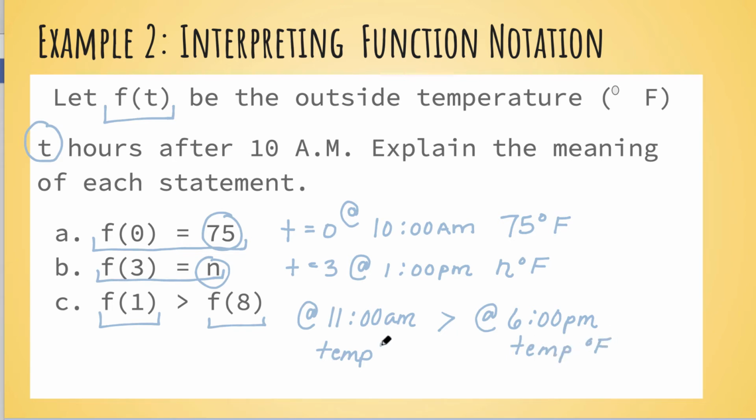So the temperature in degrees Fahrenheit at 11 a.m. is greater than the temperature in degrees Fahrenheit at 6 o'clock p.m.